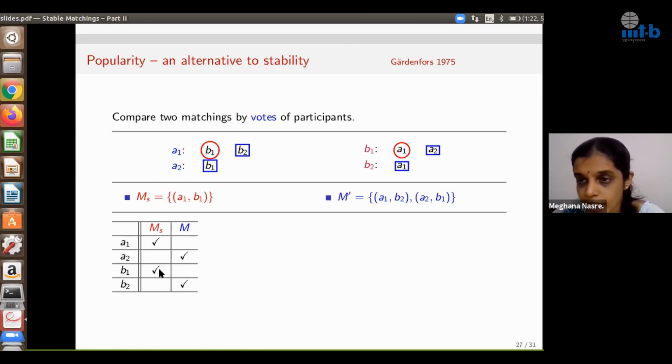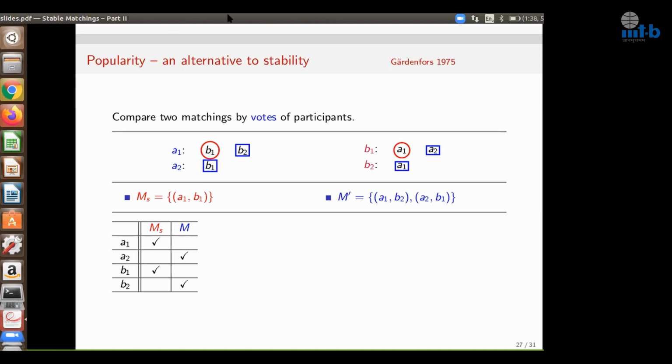B1 again keeps its vote with MS, but B2 also starts voting, and B2 says, now I like the blue matching because I get matched versus remaining unmatched. So with respect to these two matchings, MS and M, neither of them beats the other because the votes just cancel out. So is this definition clear to everybody? How are we voting? Any questions here?